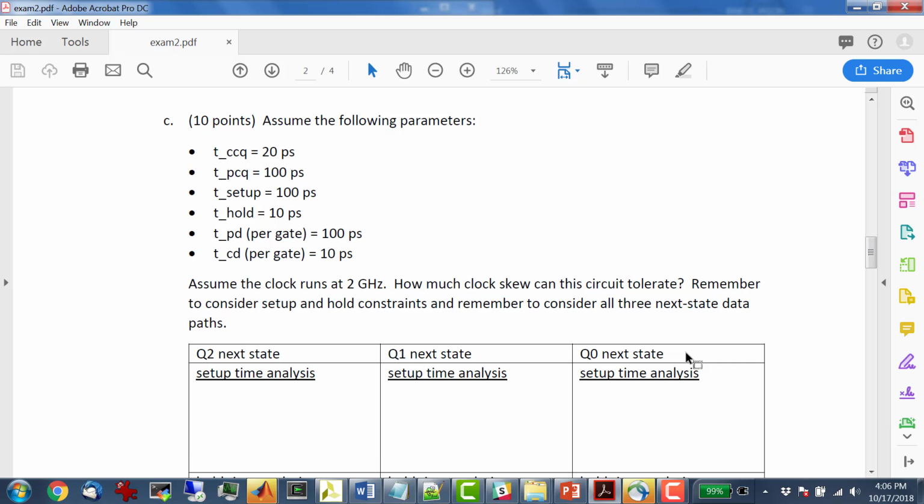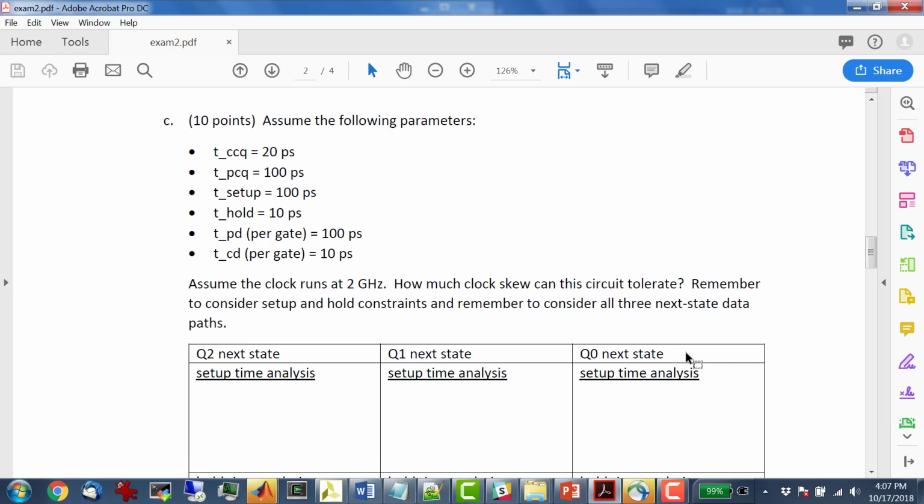So for all three of these data paths, the TC is going to be the same. 2 gigahertz is 500 picoseconds, right? The propagation of the register, that's TPCQ, is 100 picoseconds. That'll always be the same for all three data paths.